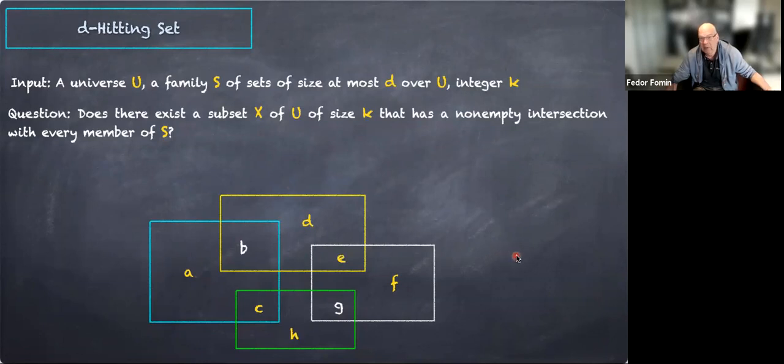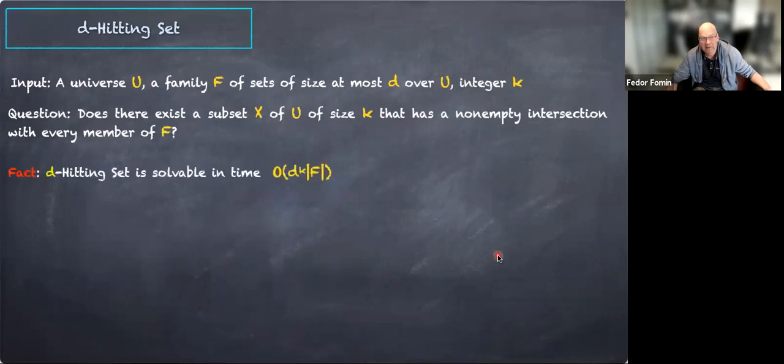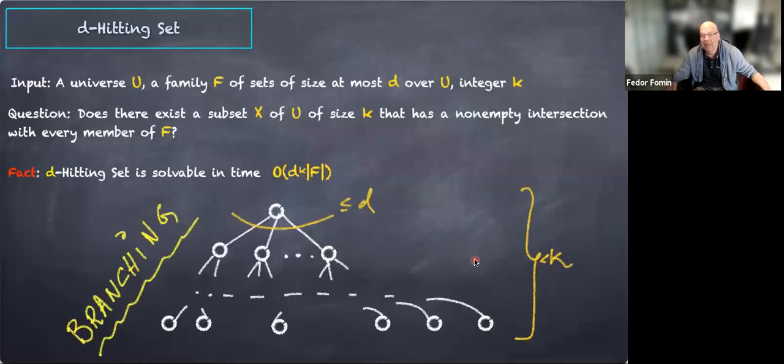So d is the size of the sets, and d-hitting set is solvable in time d to the power k times the number of sets in the family. This is a fact, and the algorithm is again a branching argument.